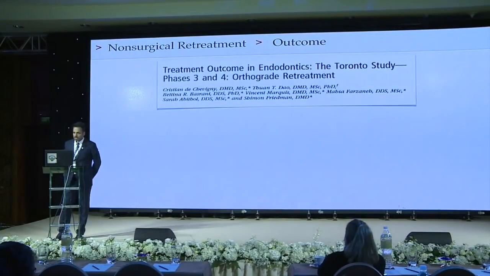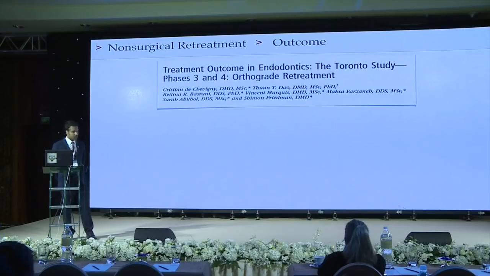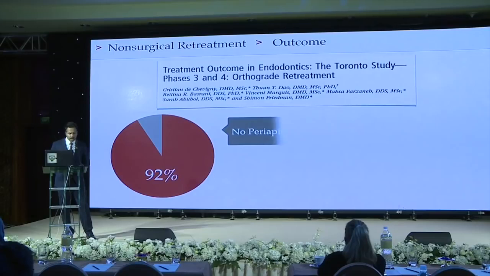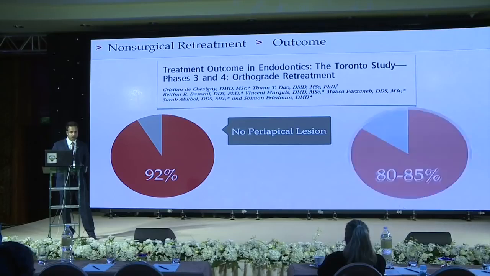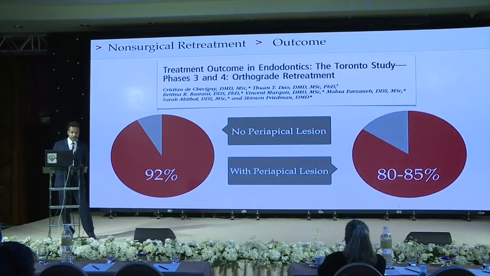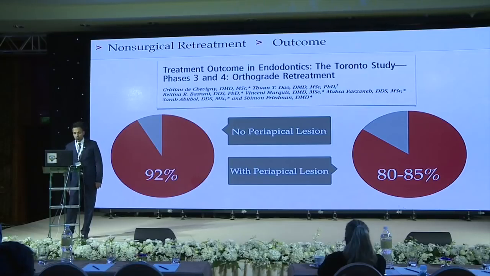So how successful are retreatments? One of the most popular papers is the Toronto study. And they found that the success rate of retreatments where there is no periapical lesion is around 92%. But if there is a periapical lesion, that drops 5 to 10% to 80 to 85%.